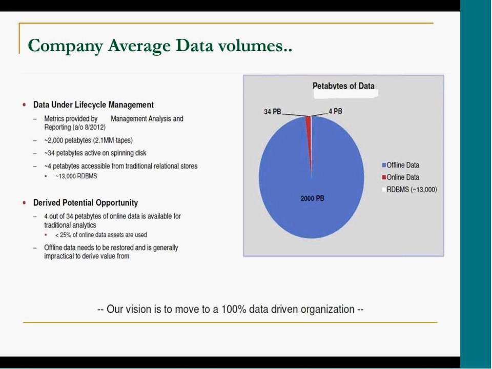At the same time, if you really look at the other side, among 2 petabytes of data, only 34 petabytes of data is available for users. Within that, only 4 petabytes of data is on IBM systems. So just 4 petabytes of data, if you really think, only 2% of data is available for analysis purposes as of today.